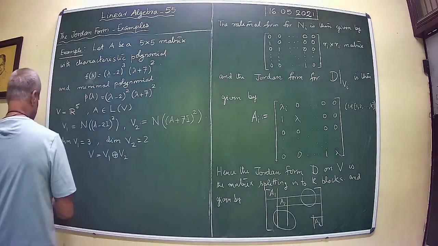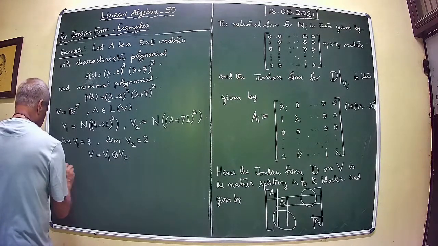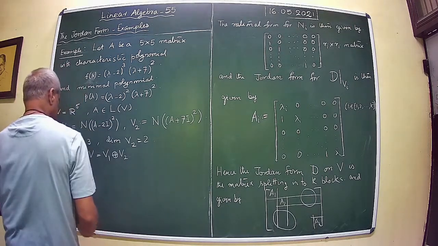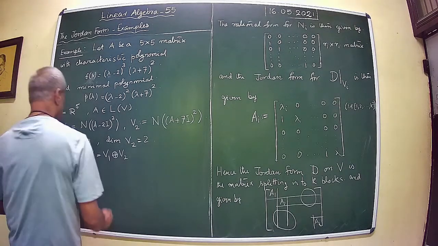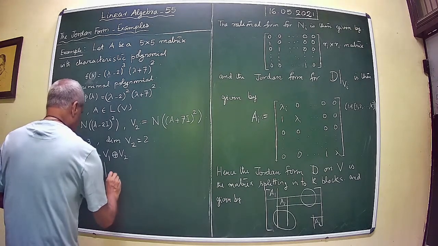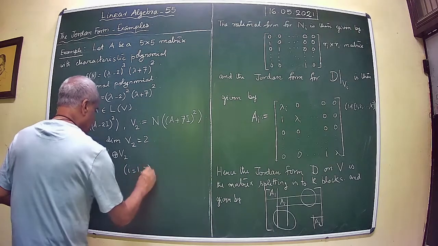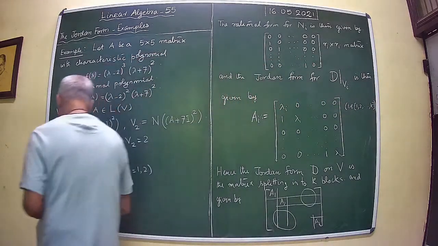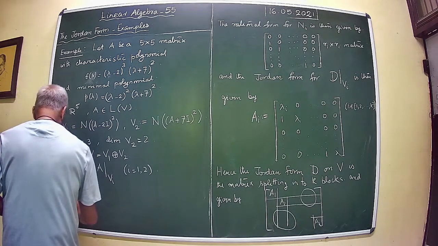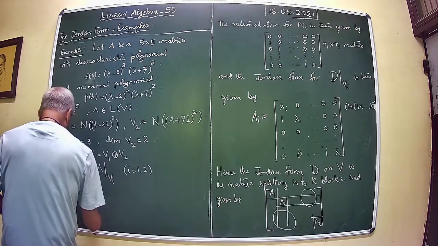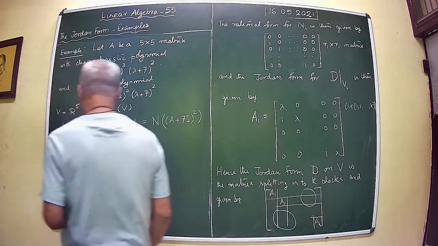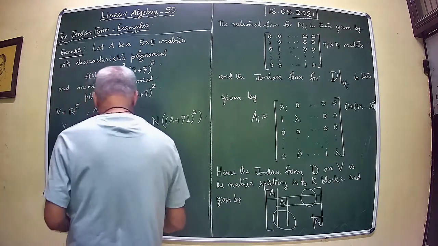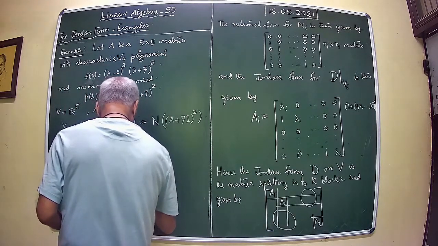Now we take A1. We observe that the minimal polynomial for A1 is lambda minus 2 whole square.